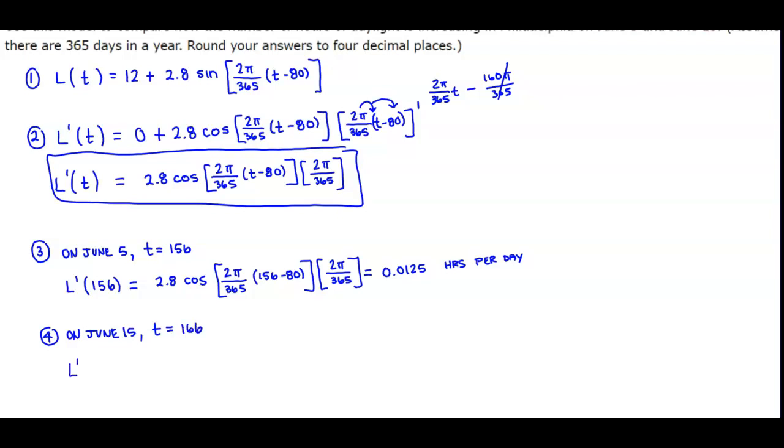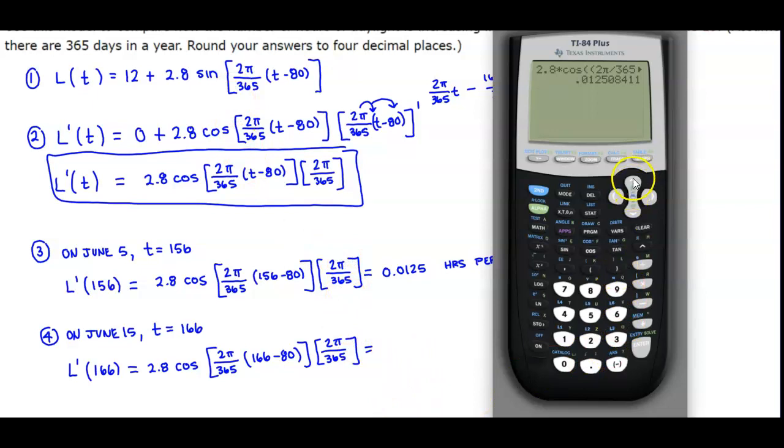So we're going to find L prime of 166, which is going to equal 2.8 times the cosine of 2 pi over 365 times 166 minus 80, times 2 pi over 365, and then we're going to round that to 4 decimal places. So let's go ahead and do that.